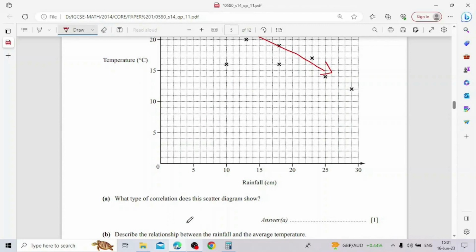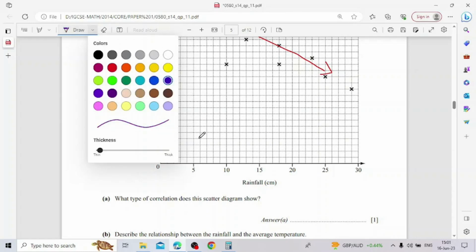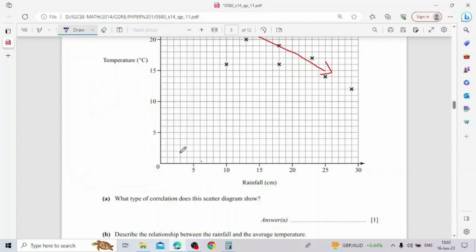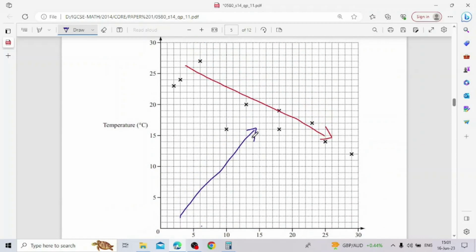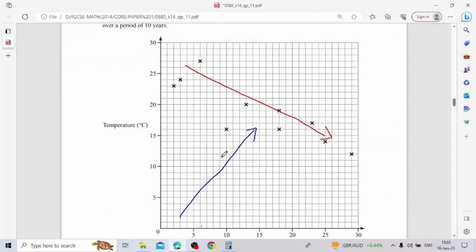What type of correlation does this scatter diagram show? Yes, as I said just now, if both values are increasing, the plot goes in a linear direction, just increasing order. So if the temperature is increasing and the rainfall is increasing, it should go in this way. Okay, this is a positive correlation.